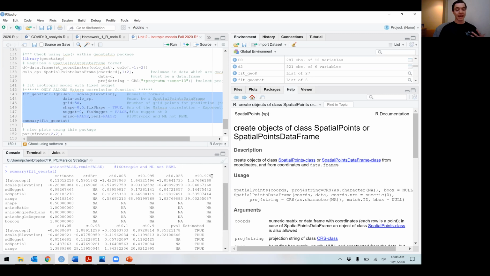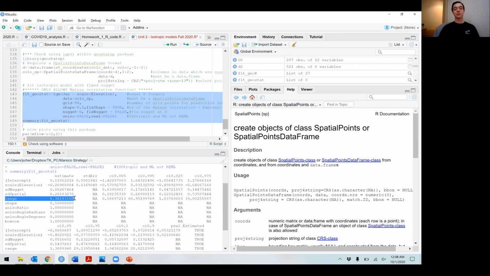But hey, at least we actually get a sense, using this package, of the uncertainty around this nugget standard deviation. This package tells us it's in fact the standard deviation. And SD spatial means this is our partial sill standard deviation. And we have uncertainty around it. That's neat.